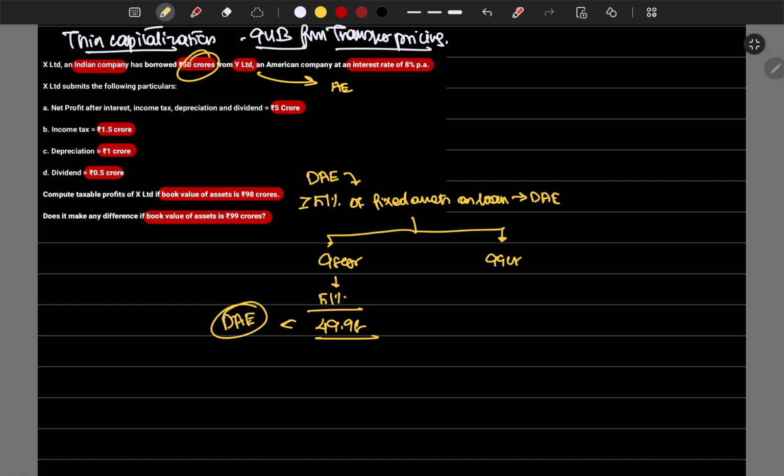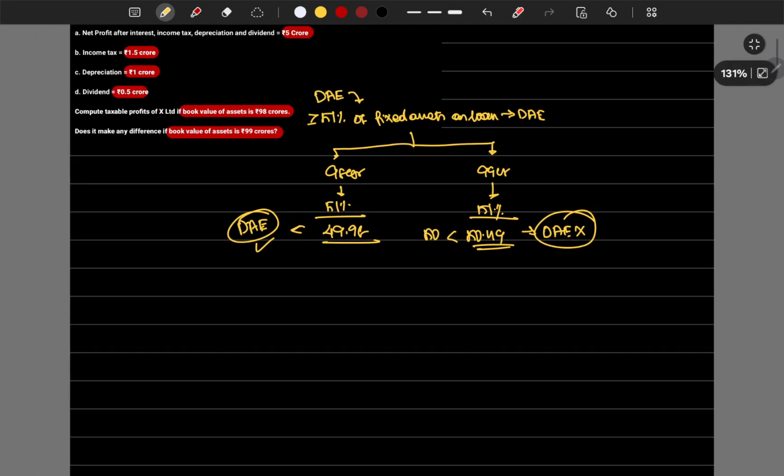To avoid being deemed associate, they would have to give only below 49.98 crore, but they have given 50 crore. So deemed associate enterprise is attracted here. But when it comes to 99 crore, 51% is 50.49. So our loan is lesser than 51% of book value of assets. So it is not DAE, not a deemed associate enterprise here. So on this basis we have to solve this problem.